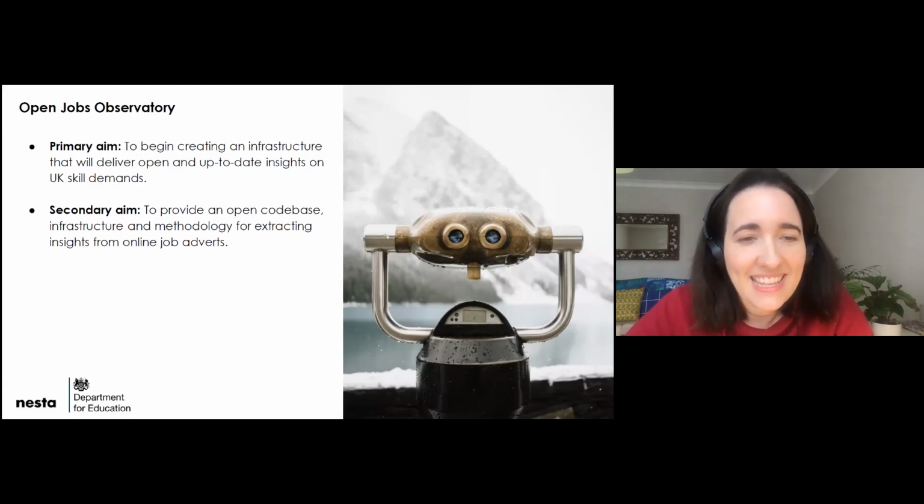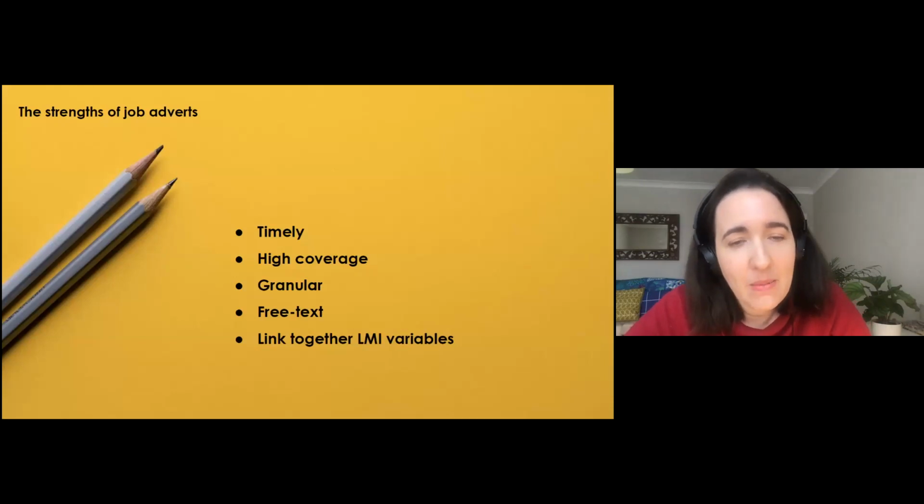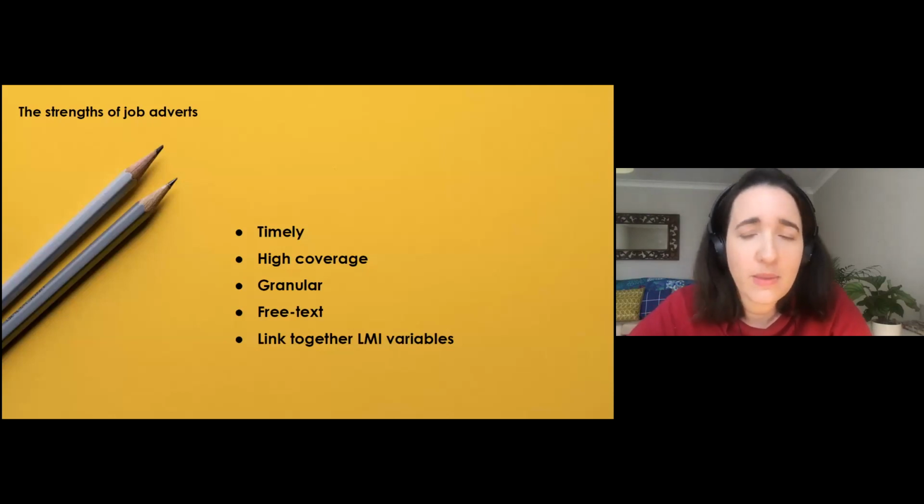In terms of why we're doing this, the main reason is that, as you all know and others have spoken about, job adverts are such a rich source of information. We've been using them at Nesta for about 4 or 5 years now. In addition to the usual benefits that are spoken about, there are two key strengths for me. The first is that they're free text, so we're not forcing employers to choose skills from a list.